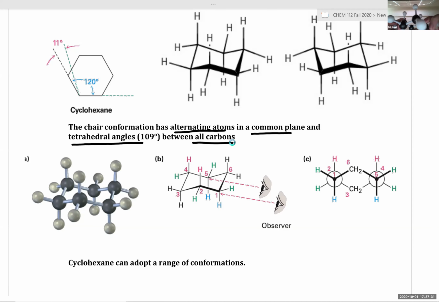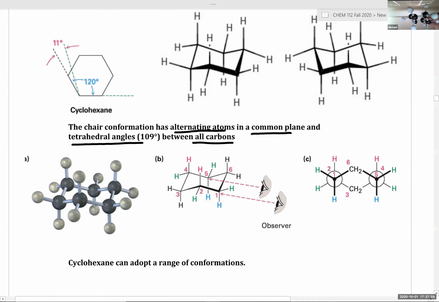Here is an example of a chair conformation. One thing I'd like to draw your attention to, if we look at this from a side-on perspective, is that first and foremost, one of our carbons is pointing up.